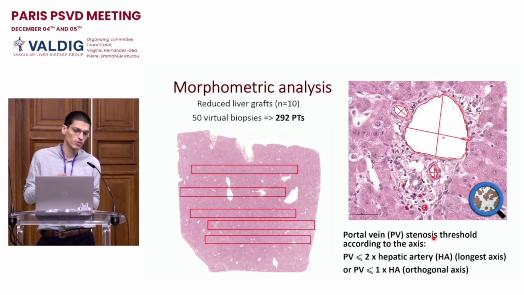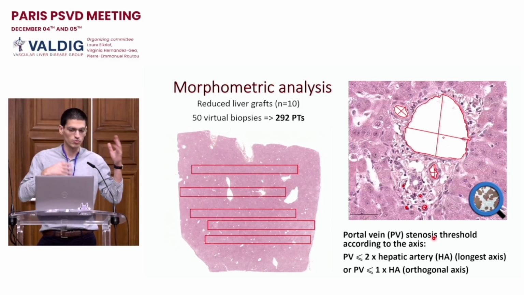From these pieces we had 15 virtual biopsies and 292 portal tracts to be analyzed, so it was quite a lot of work. We measured for each vessel the small axis, the long axis, and the area, and we made some ratios for each portal tract.